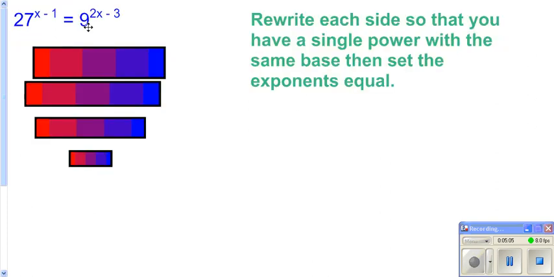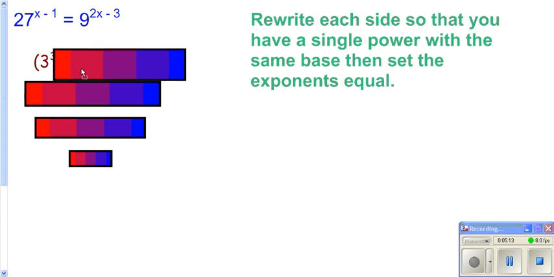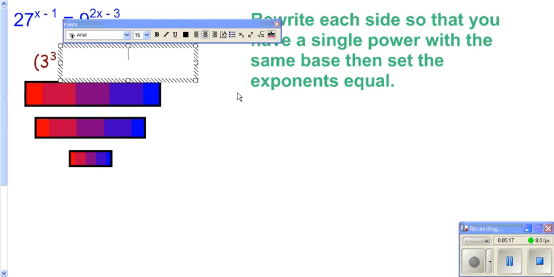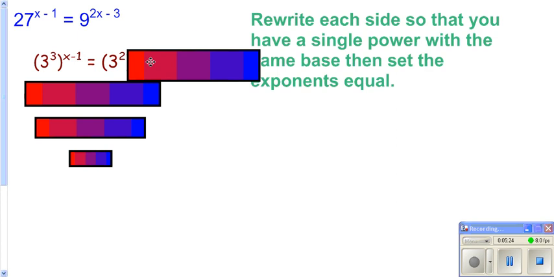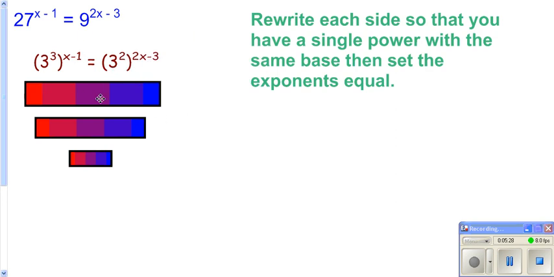So here we don't have the same base, but we could go ahead and rewrite each side so they're the same base. We could think of 27 as being a 3 cubed, still raised to the x minus 1. You could think of your 9 as being a 3 squared. So then you're going to go ahead and have the same base on each side. But prior to dropping your bases, you want to get rid of your parentheses.